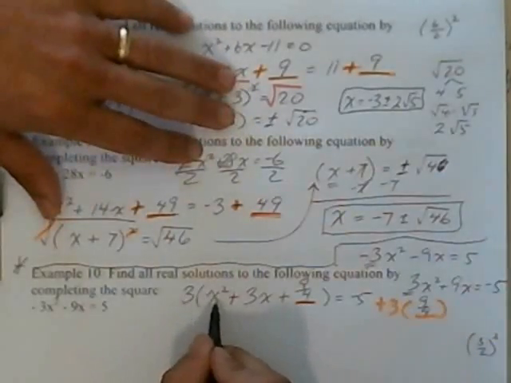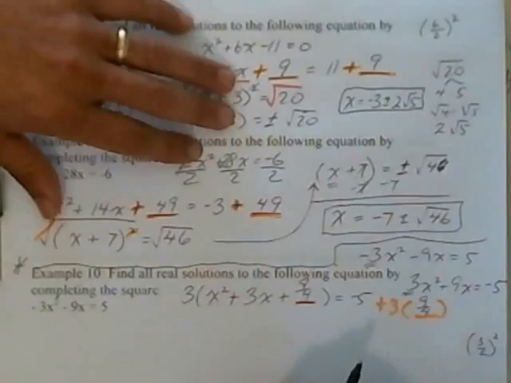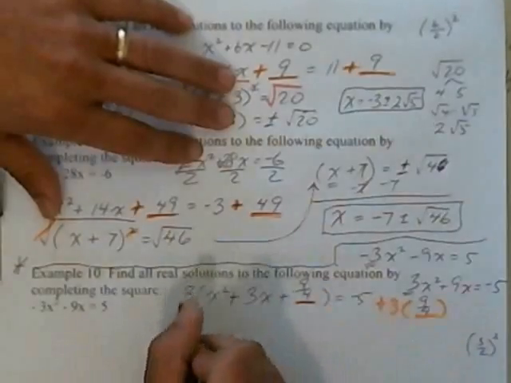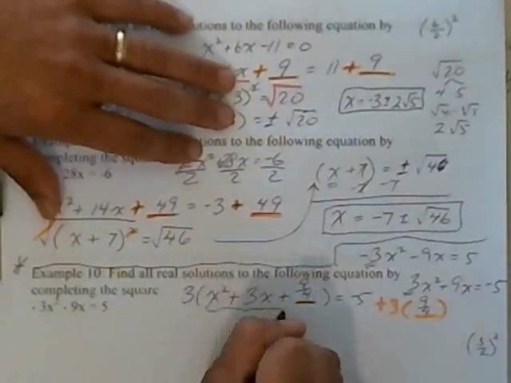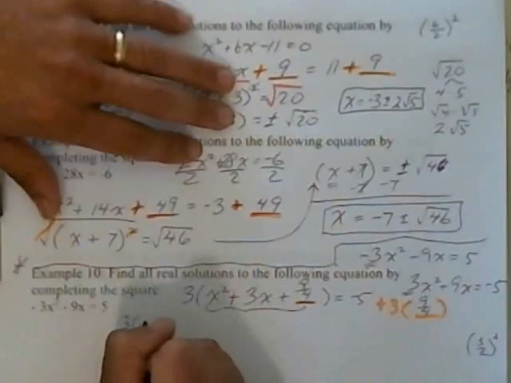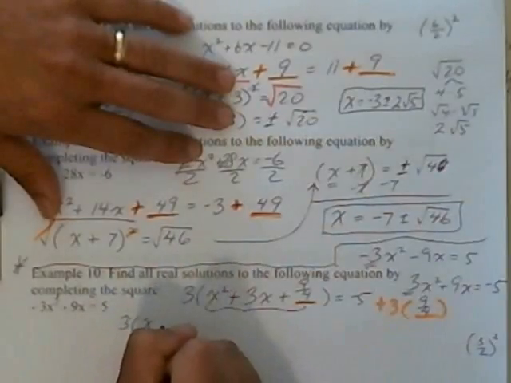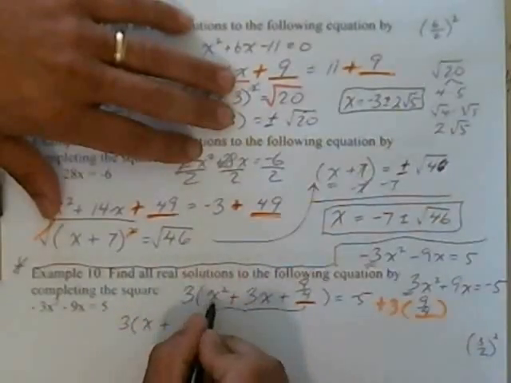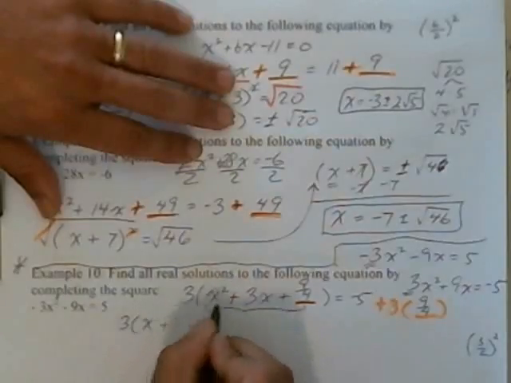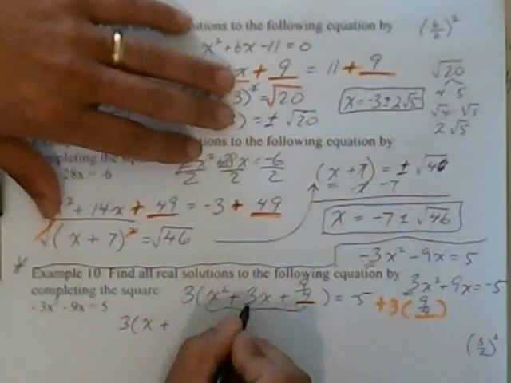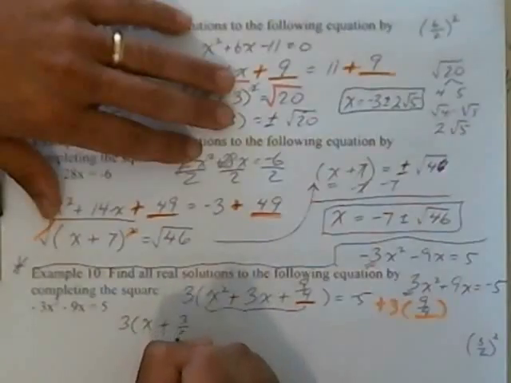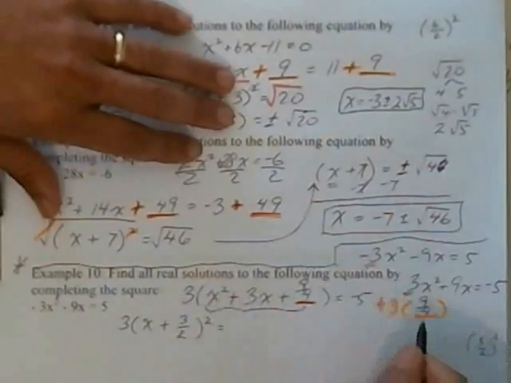Now factor this term: 3 parentheses x plus, there's an x, the square root of that is x. Bring down the plus. Half of 3 is 3 halves, squared, is equal to negative 5 times 3 plus 9 over 4.